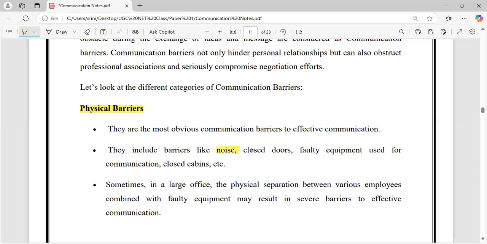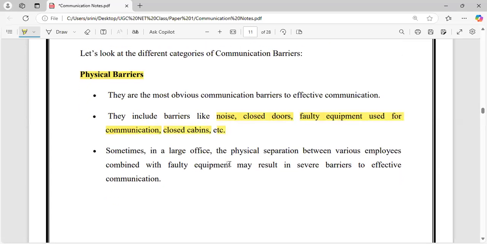They include noise, closed doors, faulty equipment used for communication, closed cabins, etc. Sometimes in a large office, the physical separation between various employees combined with faulty equipment may result in severe communication problems. For example, due to physical infrastructure or sound coming from outside, like a tractor sound or wind sound, and then excessive light inside the classroom, power shutdowns, like that.